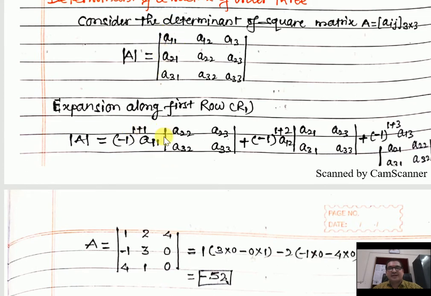Then this term belongs to R1 and to C1, so you have to cover R1 and C1. The remaining elements you copy over here: a22, a23, a32, a33. Cover the first row and first column, and now you will get this determinant.